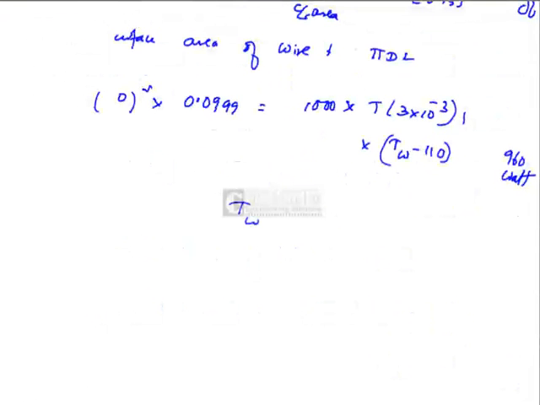Therefore, T wall is 215 degrees centigrade.